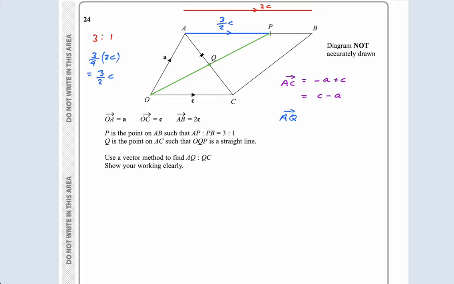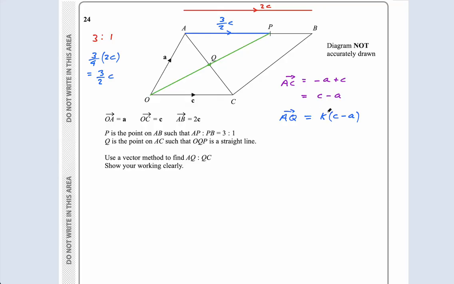So the only thing I can do is say that AQ is some multiple of this. So I'm going to say it's K times C minus A. So AQ is K times C minus A. K as in some number which, times C minus A, will give me AQ.